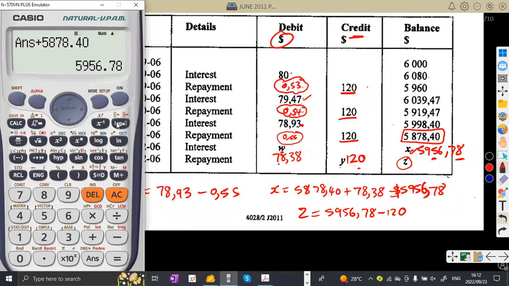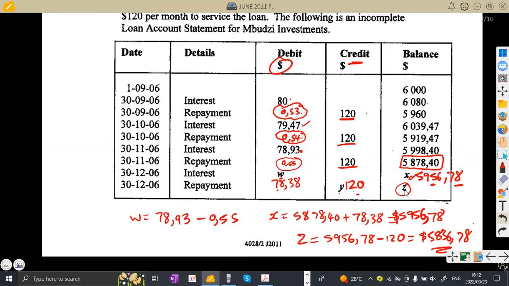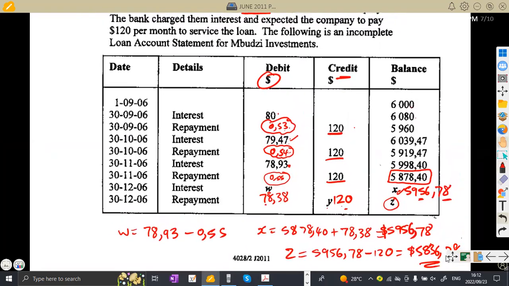So this amount that we have as it is minus 120, the one that we have credited is going to be 5836,78 dollars. So that's our Z. Okay, so that is how you could have found the values of X, Y, and Z.